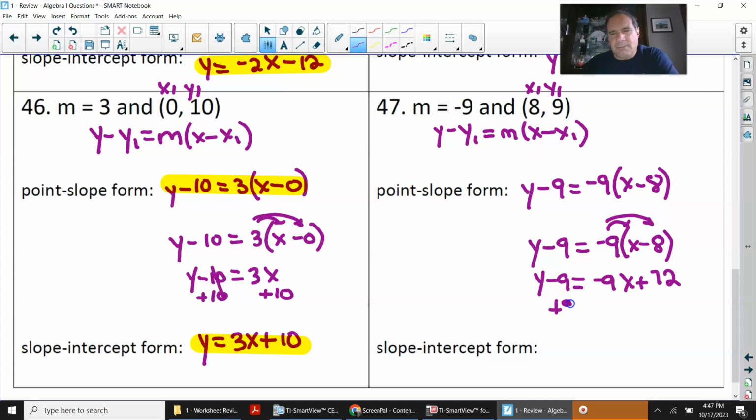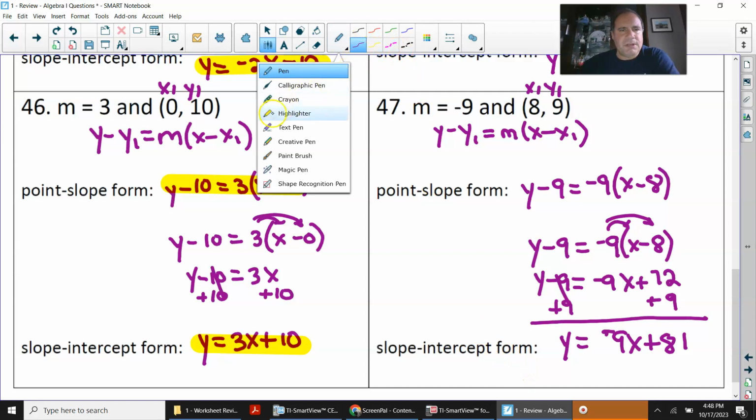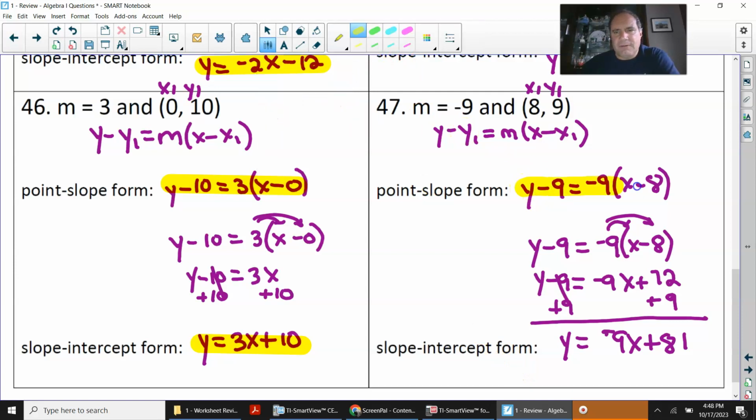Then you add 9 to both sides. This cancels, and you get y equals negative 9x plus 81. And that is slope-intercept form. So you have two answers: the point slope form, and then the slope-intercept form.